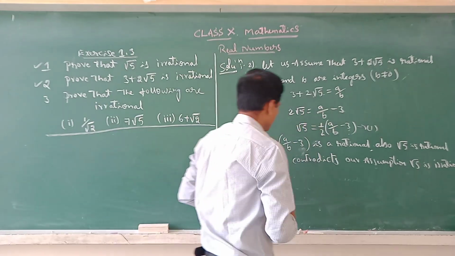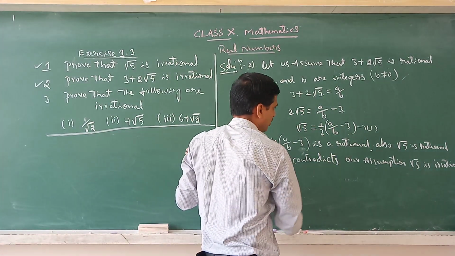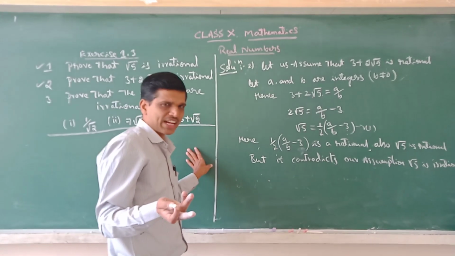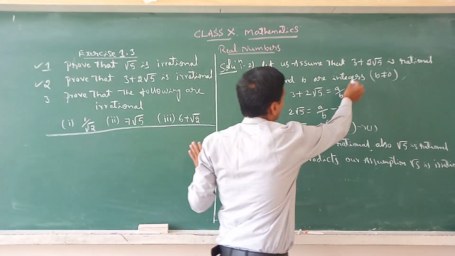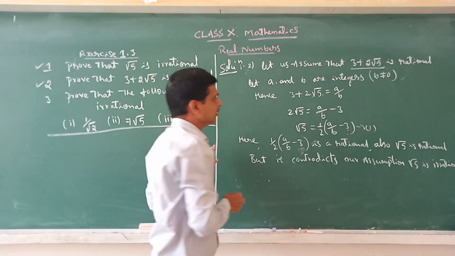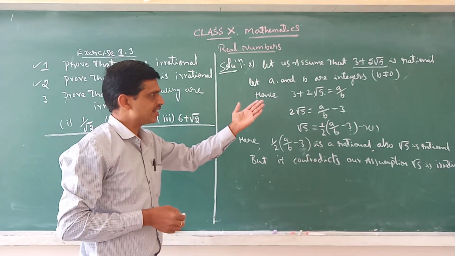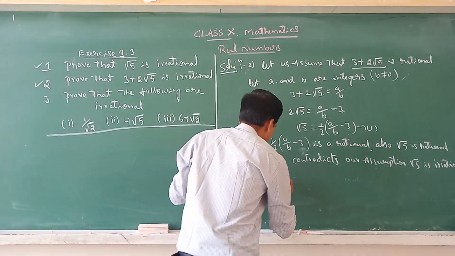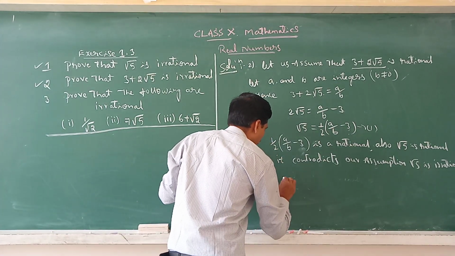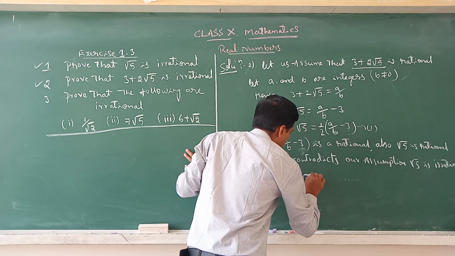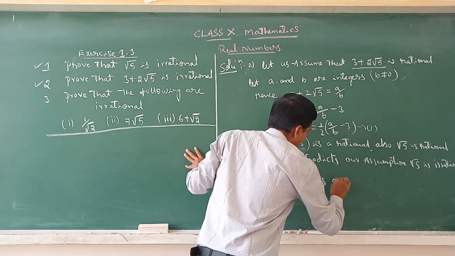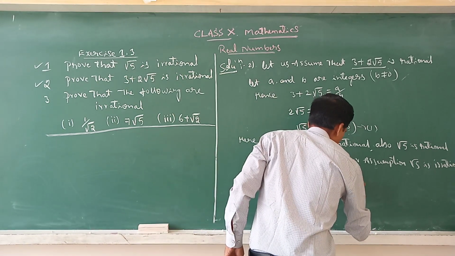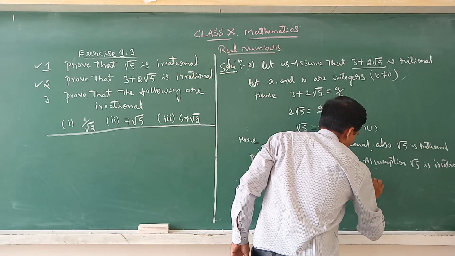Therefore, since root 5 is not rational, automatically the whole expression, which includes integers or some quotient, also becomes irrational. Therefore, 3 plus 2 into root 5 is an irrational number.